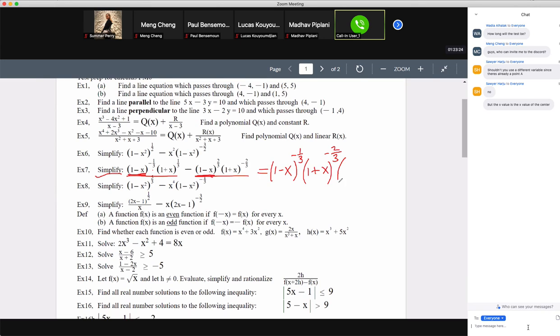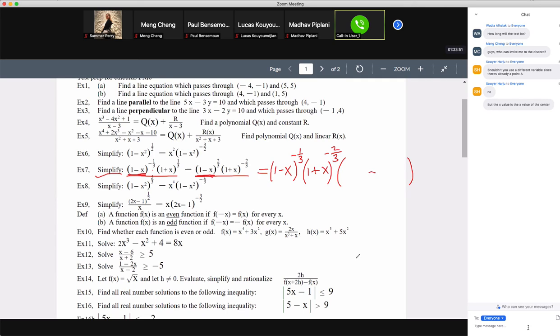Then we have this big factor. Okay. So now, besides 1 minus x and 1 plus x, we don't have any other base, so that's it. And now we have to figure out this big factor. It looks like there will be a minus in front of it, in the middle here.